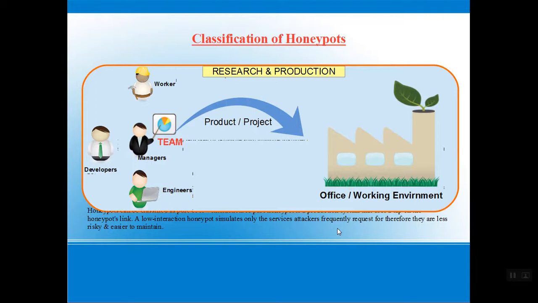We apply it in our office or network to check what we have developed, how it will work and how it will impact our organization. After planning and implementation, we deploy it in our office, and after a few days or months, we analyze what result it comes back with. Is it working for our office exactly or not? So this is all about research and production. First we perform the research section and we apply it in our live office working environment and give the result properly as output, how it comes with that fact.